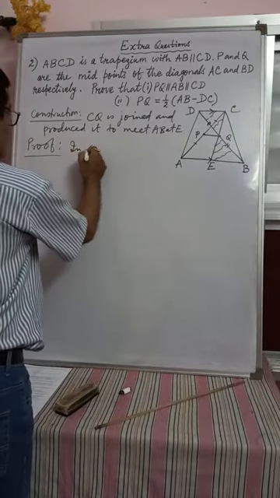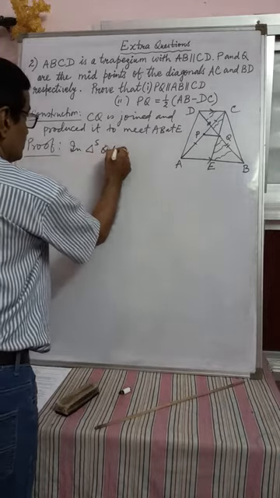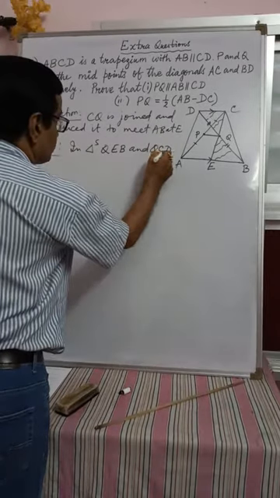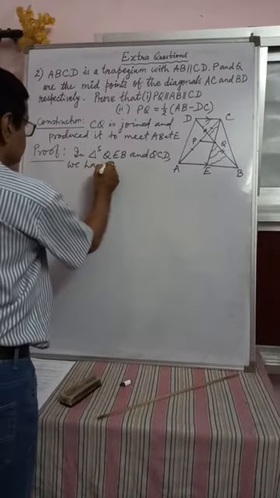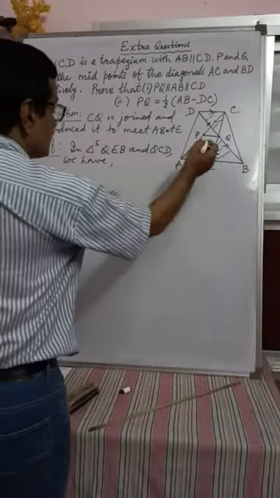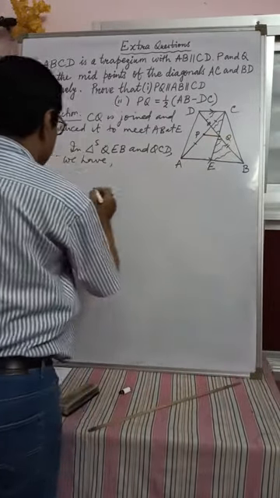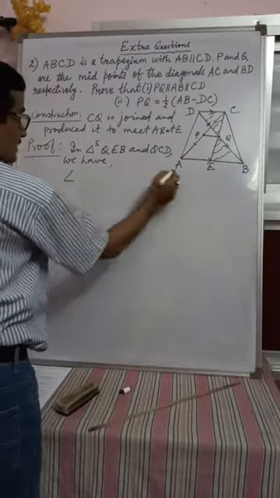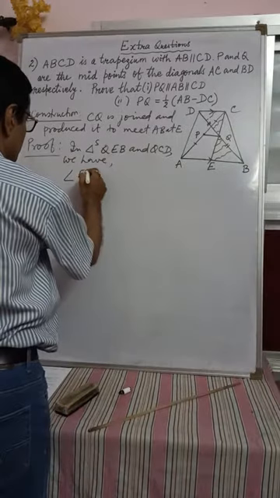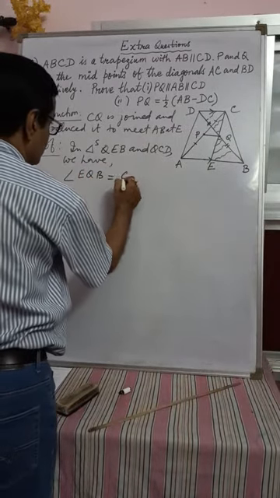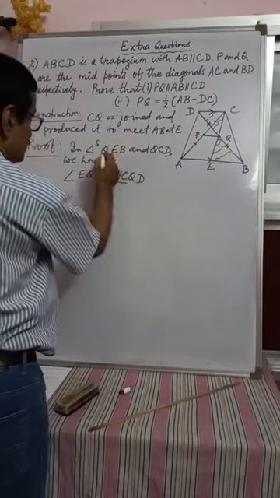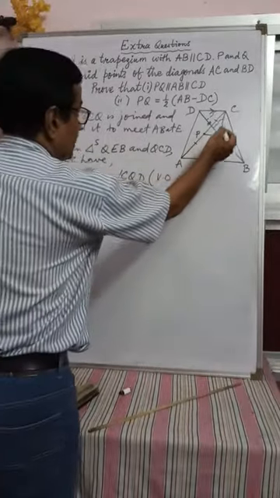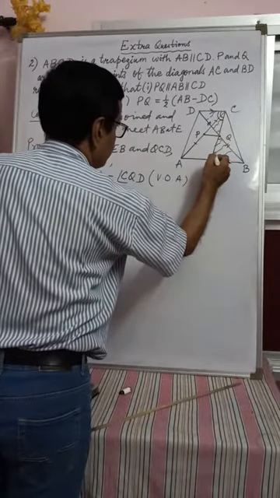In triangles QEB and QCD we have, first, these two angles equal because they are vertically opposite angles. So angle EQB is equal to angle CQD, vertically opposite angles.